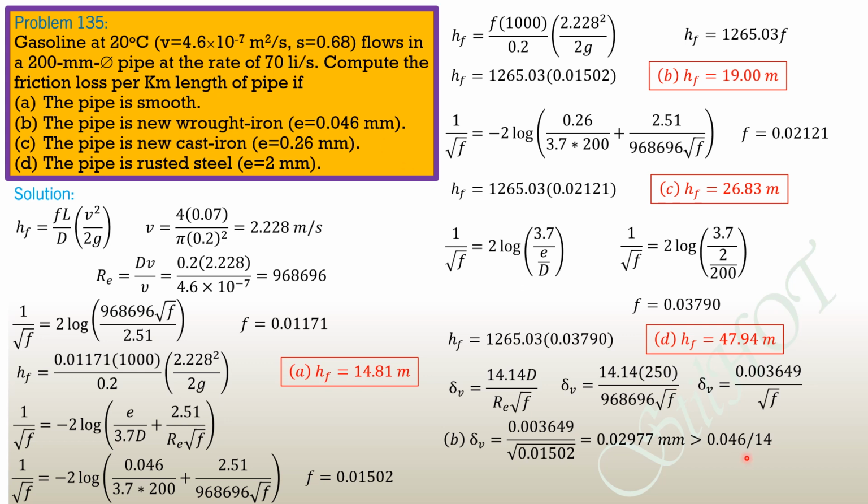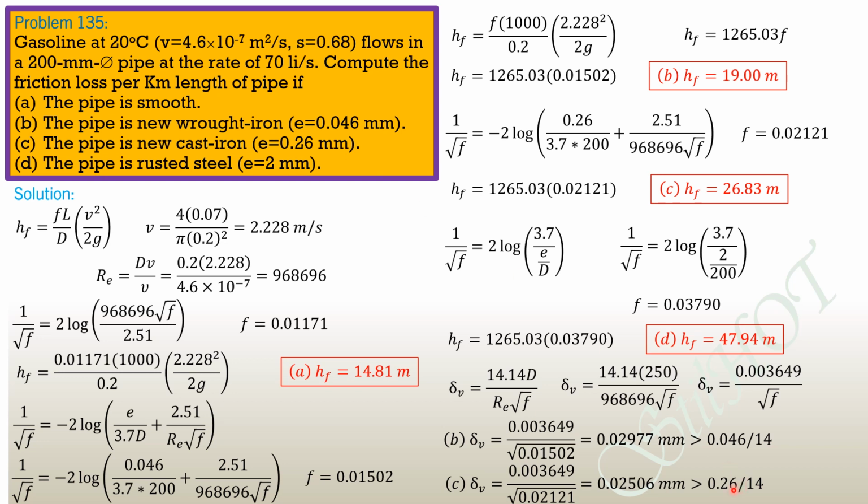which is greater than 0.046 over 14, but less than 0.046. So our assumption is correct. Then for part C, 0.003649 over square root of 0.02121, it is 0.02506 mm, which is greater than 0.26 over 14 mm, and less than 0.26.